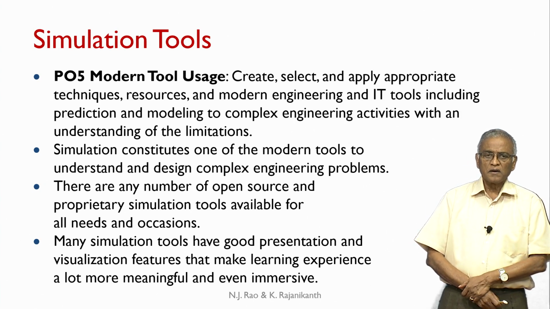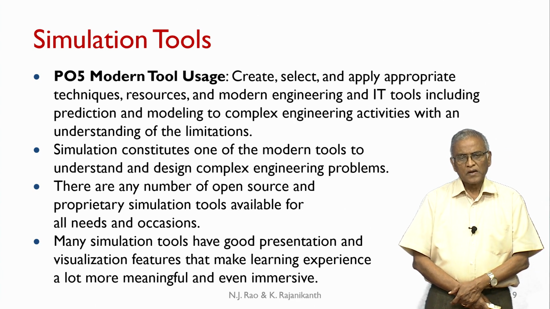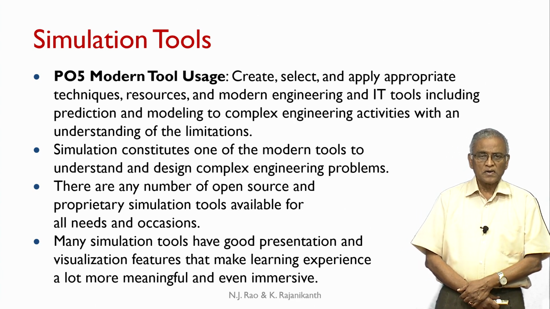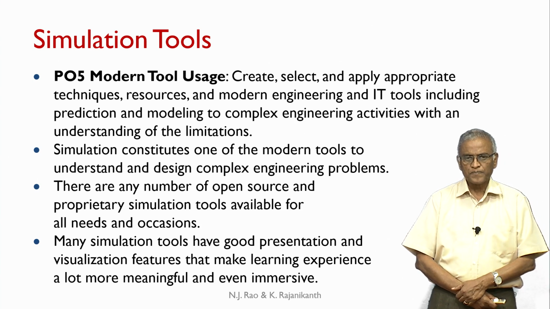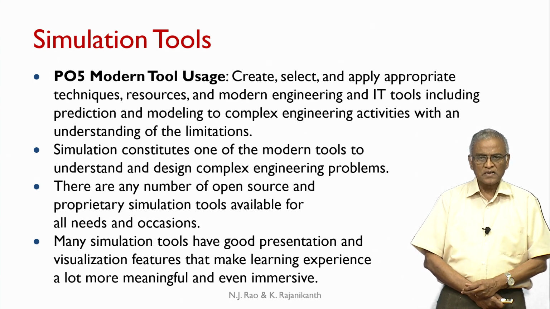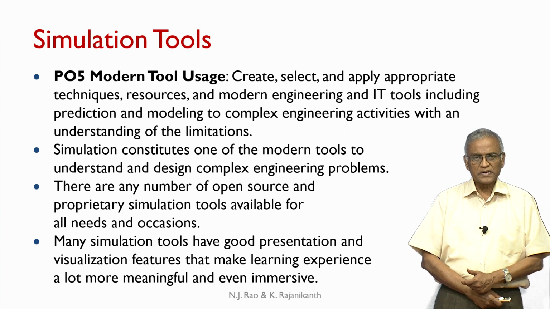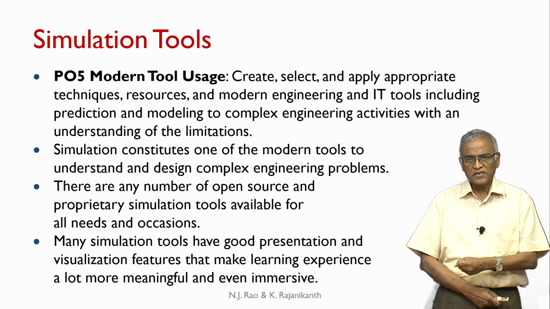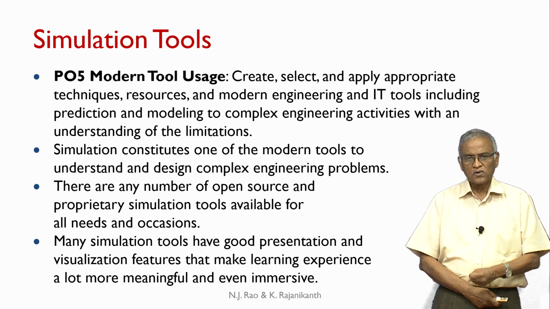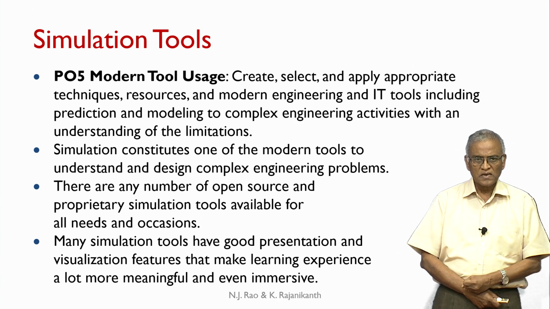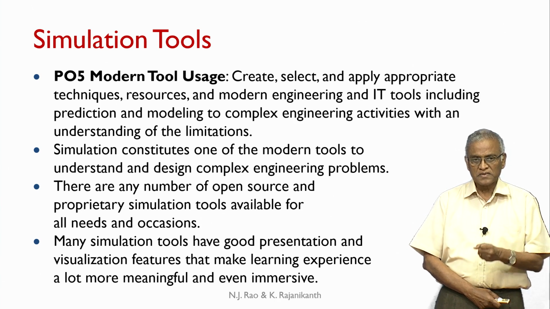And on top of that, from our program outcomes as per NBA, PO5 is related to modern tool usage. What does it say? Create, select and apply appropriate techniques, resources and modern engineering and IT tools, including prediction and modeling, to complex engineering activities with an understanding of the limitations.